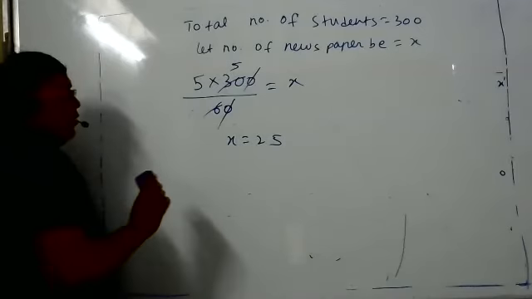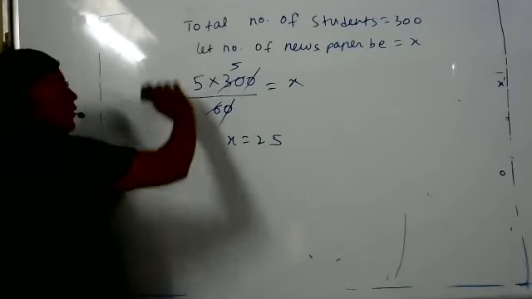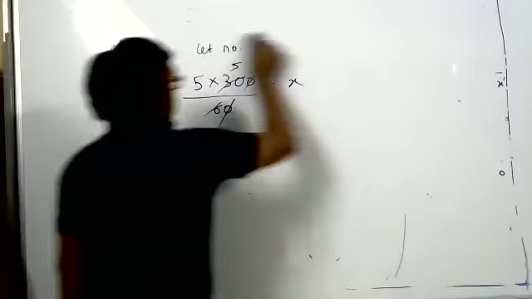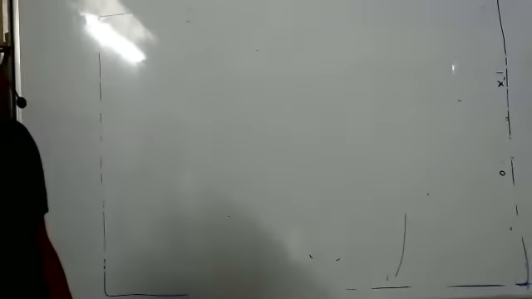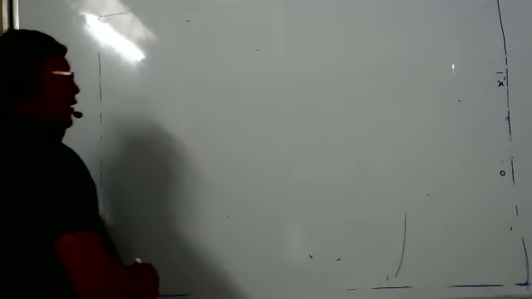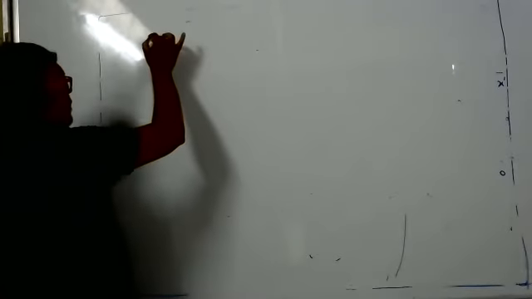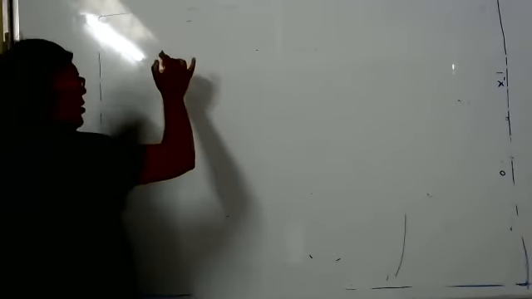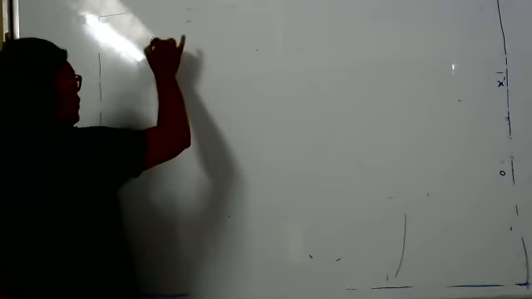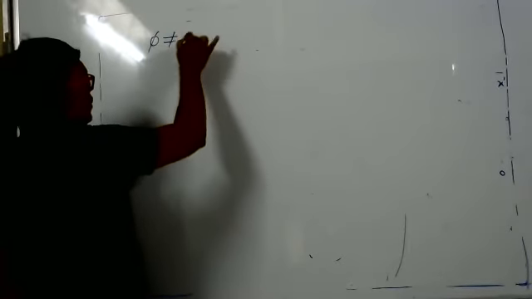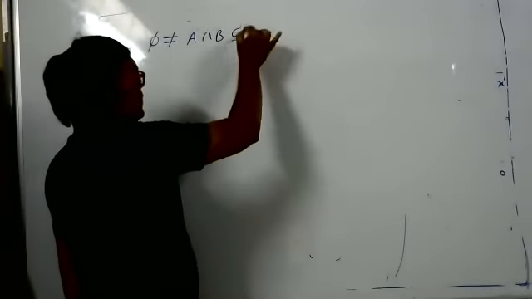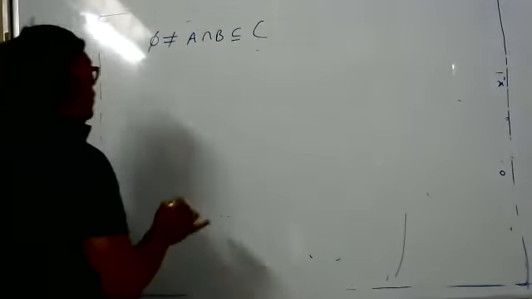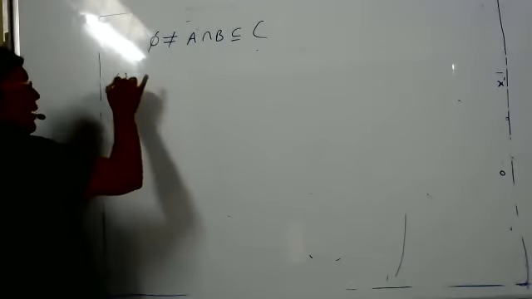I'm going to erase the board. Anybody has a problem? Tell me. Now the 4th option. One of you read the condition. What was the condition? Phi is not equal to A intersection B, A intersection B subset of C. Then which of the following statements is true?